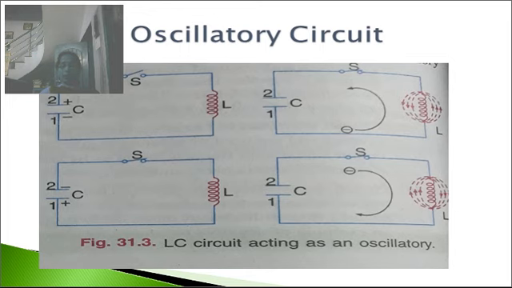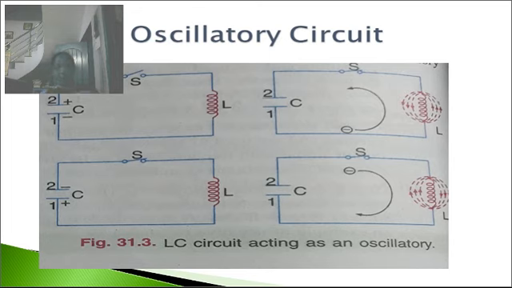The first reason is that some energy is lost in the form of heat produced in the resistance of the coil, connecting wires, and within the dielectric material of the capacitor. The second reason is that some energy is lost from the circuit due to radiation in the form of electromagnetic waves.